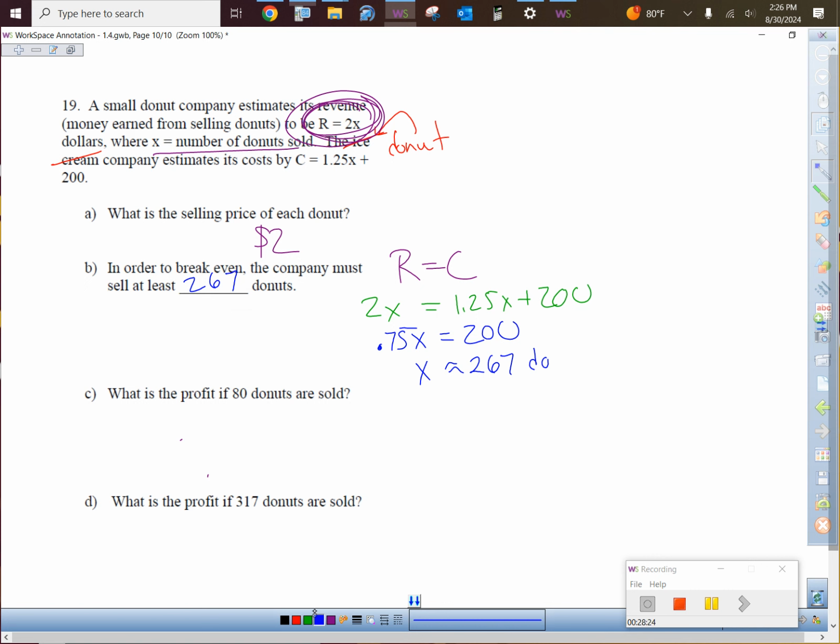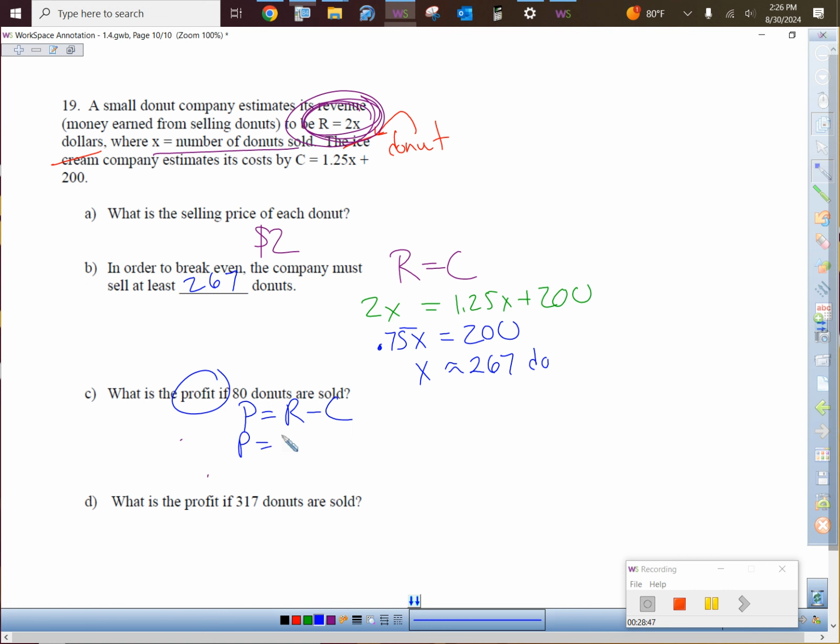And then they ask the last thing of the day, what is the profit? We don't have a profit equation, so we got to write one. And I know it's still pretty new. Profit equals revenue minus cost. That is the formula to find profit. Money coming in, take away money you spent. One more time, can profit be negative? Can a company lose money? It can totally. So if we get negative answers, that's okay.